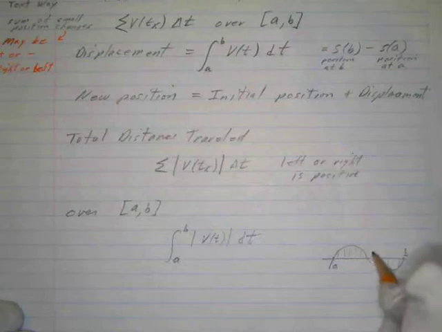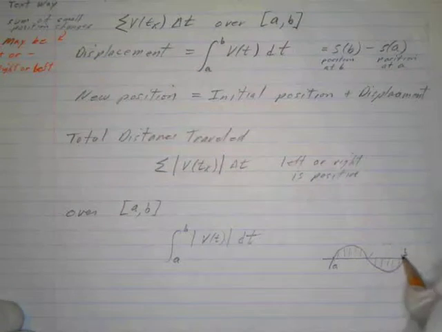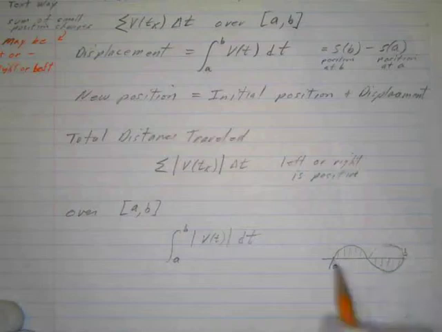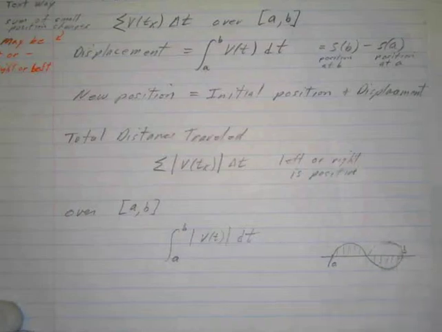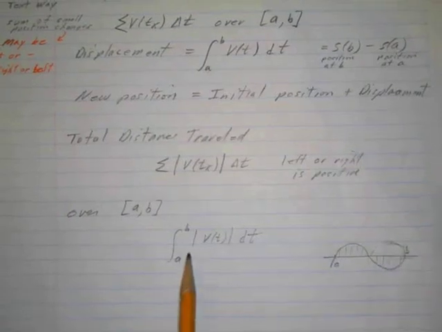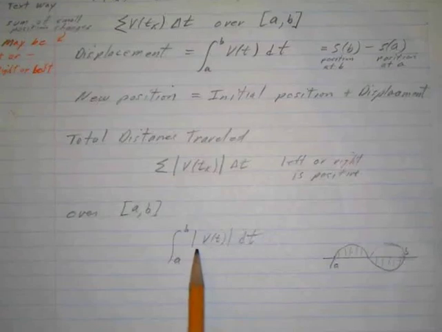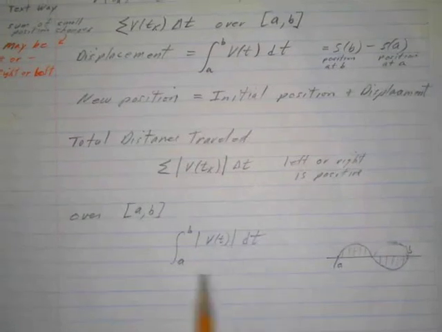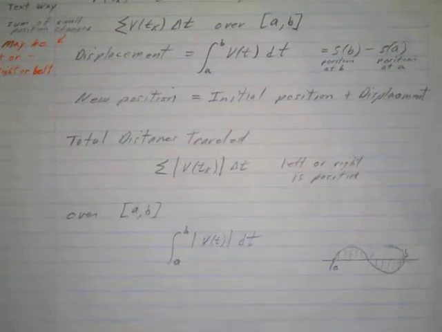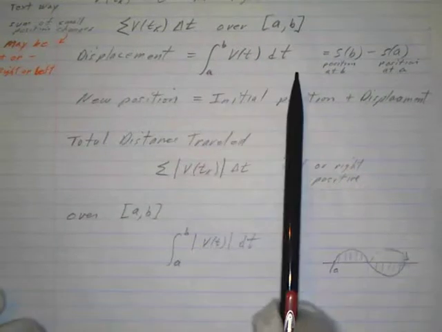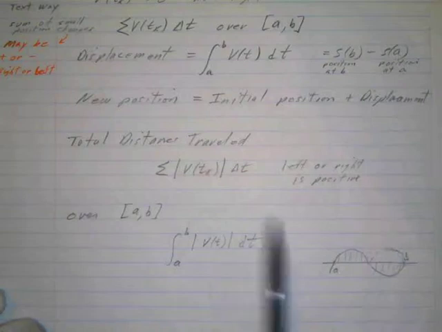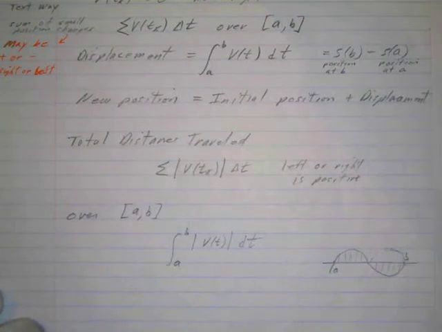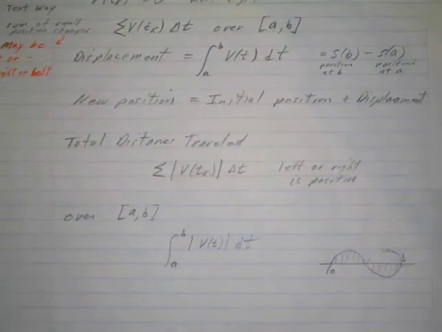So if we took the absolute value, it would go back up there. So you'd actually have this much area between the curve and the x-axis. So there's a difference there, and we have to be aware of that. That's why we have to take the absolute value. So if we take the absolute value of the velocity function, then we're going to actually get the distance traveled, the actual distance traveled, not necessarily the displacement. Okay, so this will give you the displacement, and this will actually give you the actual distance traveled. Okay, so I hope that makes sense.